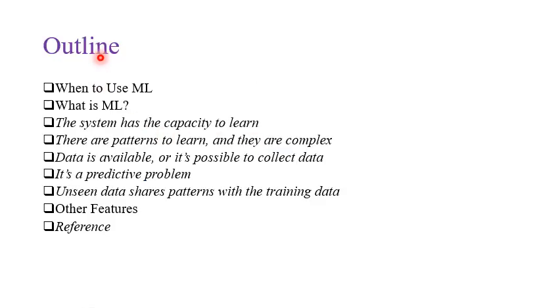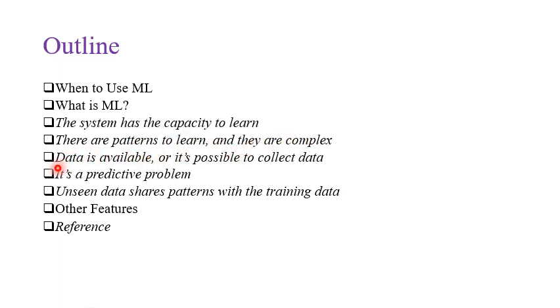Here you see the list of outline. First, we clarify when to use machine learning. We provide a definition of machine learning, and then we discuss in what situation we should use machine learning based on the provided definition. We use machine learning when the system has the capacity to learn, there are patterns to learn, and they are complex.